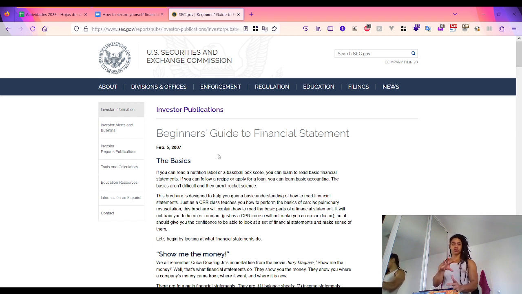The cash flow statement shows the exchange of money between the company and the outside world. And the statement of shareholders' equity shows the change in shareholders' interest, again over a period of time, the same as for cash flow.